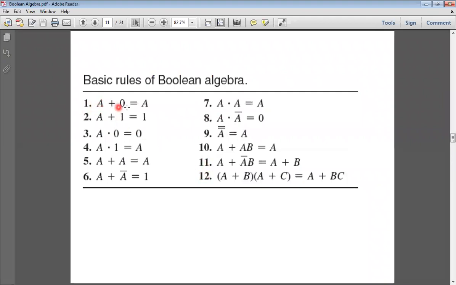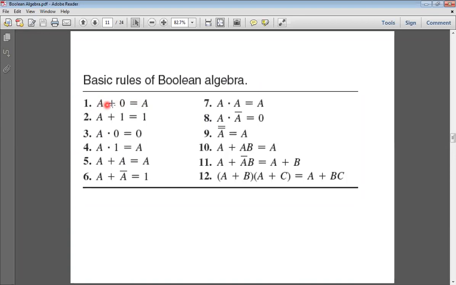What the first law says: A plus 0 is equal to A. A is a Boolean variable, and a Boolean variable takes only two values, either 0 or 1, as we said in the last class. So A can be either 0 or 1. Let's generalize: A, that is a Boolean variable, plus 0.